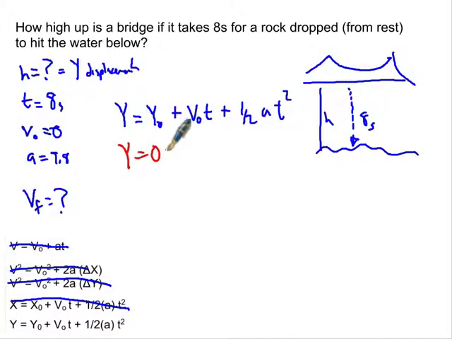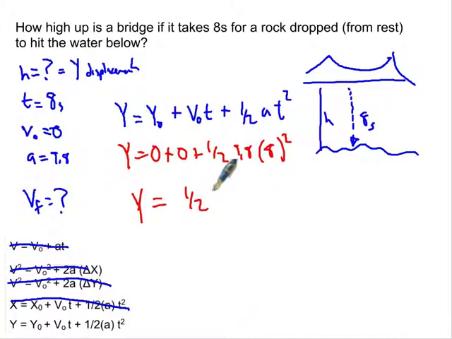So y equals 0 plus 0 plus 1/2 9.8 times 8 squared. Y equals 1/2 9.8 is 4.9 times 8 squared is 64.